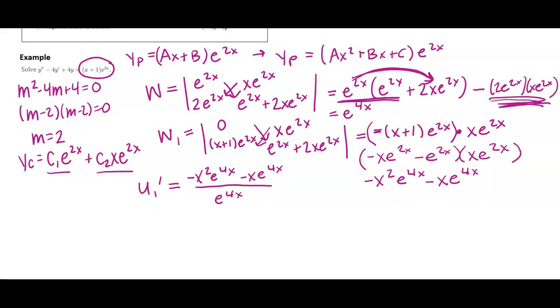And so notice my e to the 4x cancel, and I'm left with negative x squared minus x. And so u1 must be the integral of that, or negative 1/3 x cubed minus 1/2 x squared.